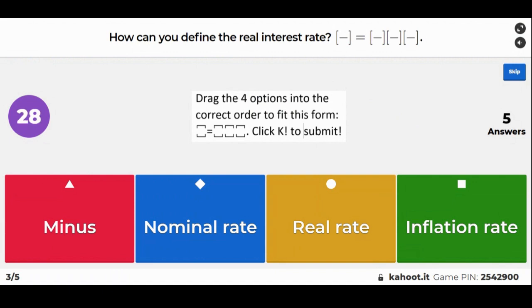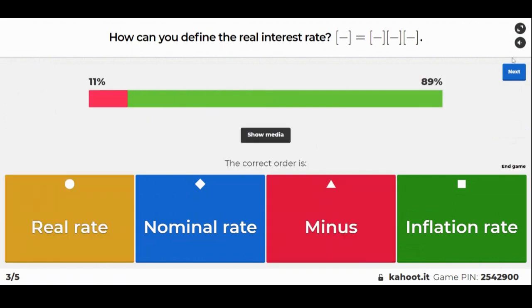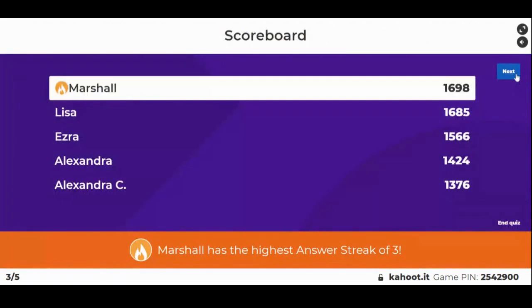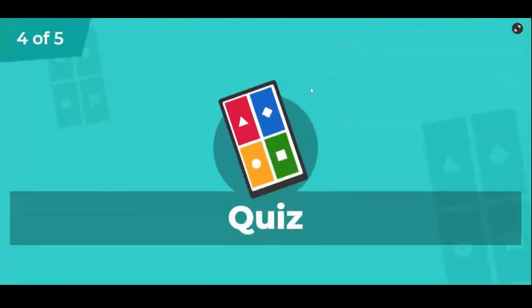I see these take a little longer. Very good. Excellent. Now let's see who's on top. Marshall is still on top. He's on fire.